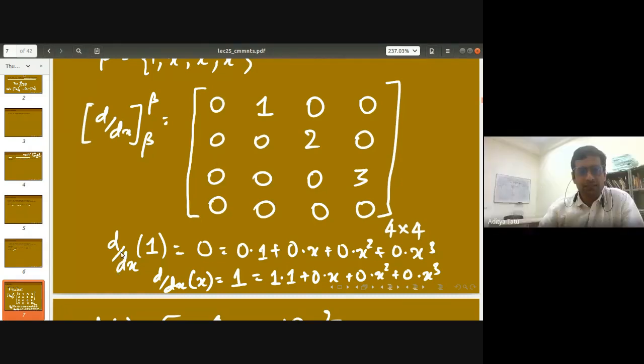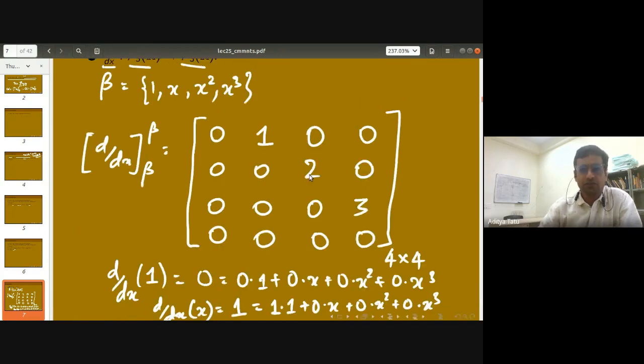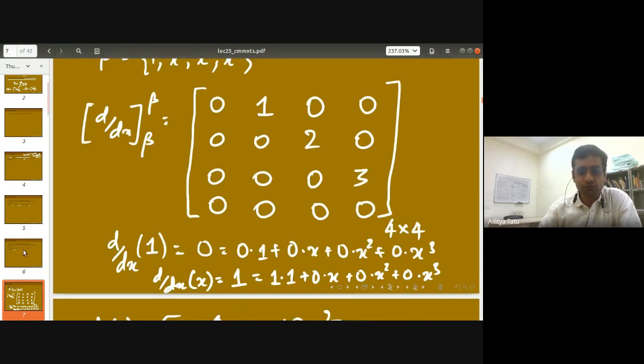No, no. See, this d by dx of 1, I'm doing this in order to find this matrix. How do I get the matrix? If you look at the recording, I did not write this matrix before we wrote these last two equations.